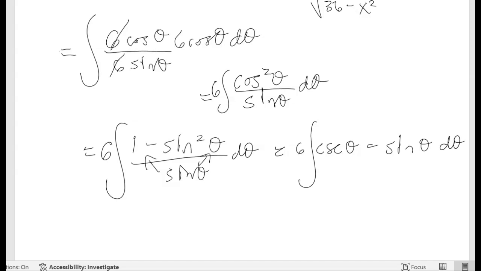Okay, and this is the part that we don't, that's a minus sign. We don't see this guy very much, the cosecant of theta integral, right? In fact, it's something you could do in Calc 1, but at least when I teach Calc 1, I say, okay, we know the derivatives of all 6 trig functions. Those are easy to establish. But we don't know the antiderivatives of all 6 trig functions.